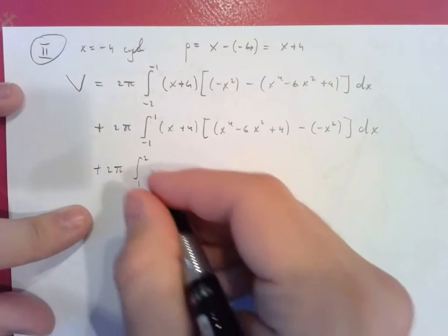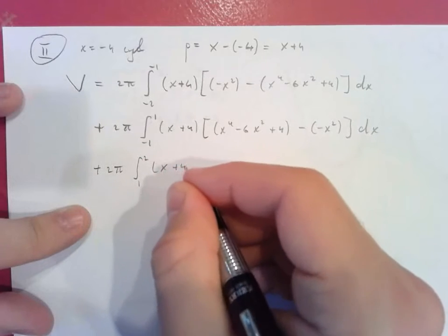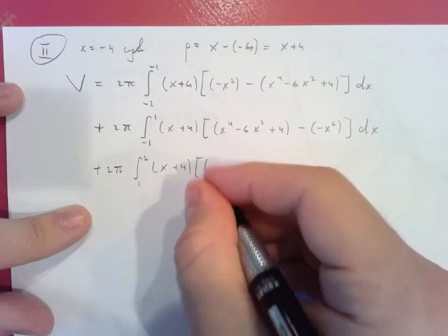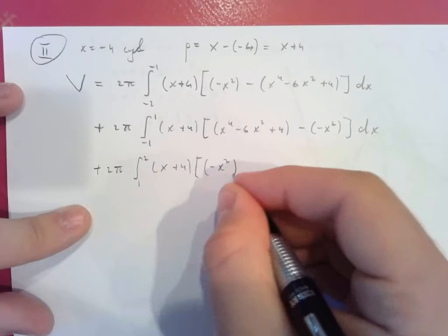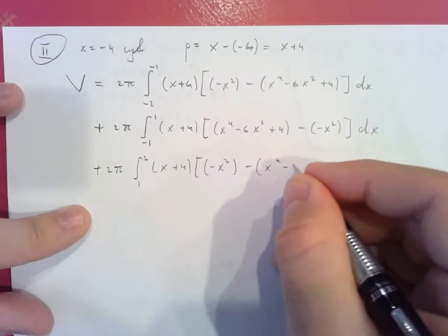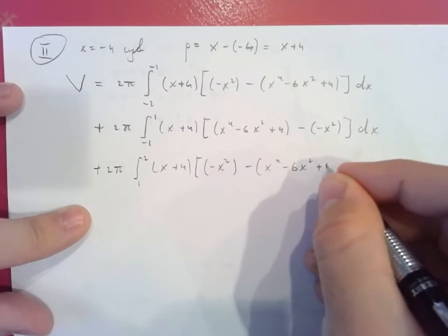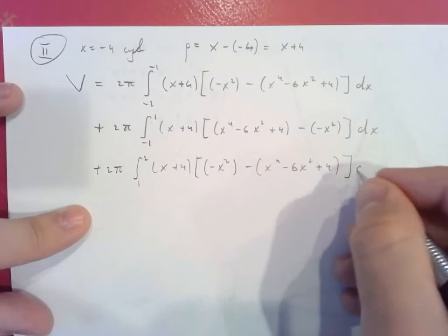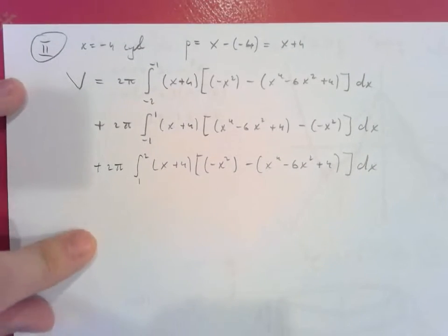So that goes from 1 to 2, x plus 4 times the height. So that's part 2. Now let's move on to part 3.